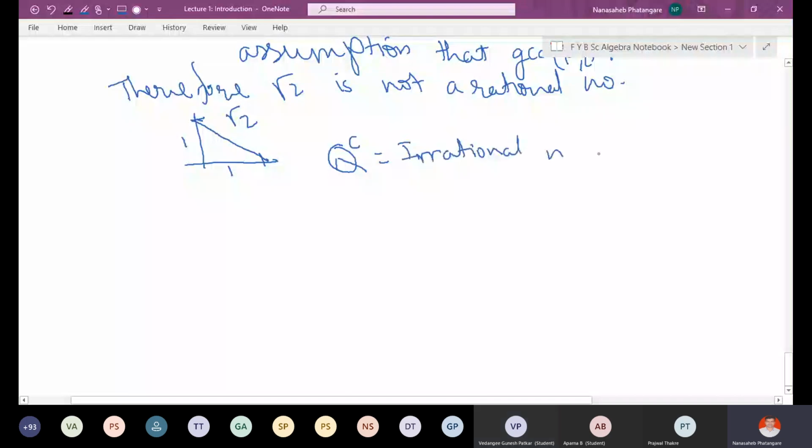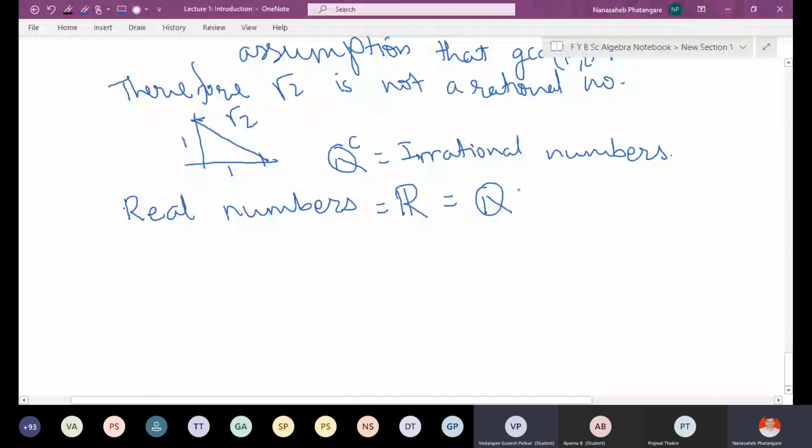Such numbers are called irrational numbers, and therefore what is the set of real numbers? The set of real numbers is denoted by this notation, and it is the rationals together with the irrationals.